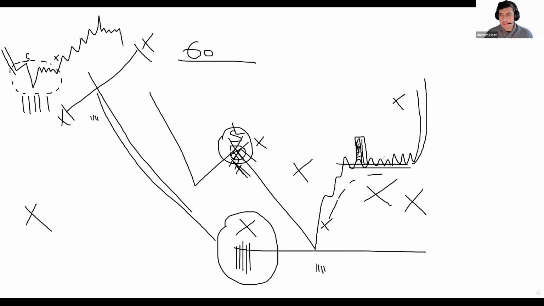Or you might have a move up and then a complete rejection in the same candle, and you see a wick. But when it begins to break, a break simply means the buyers have succeeded, correct?